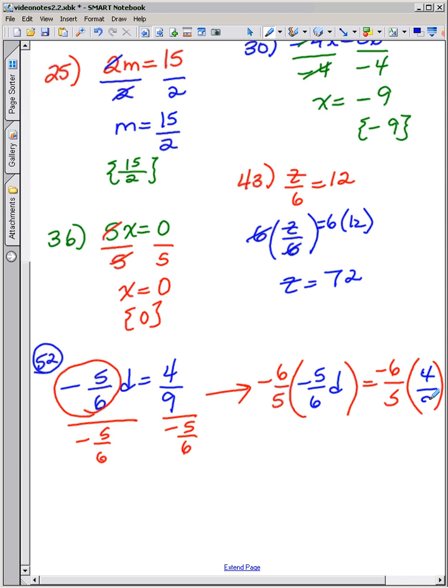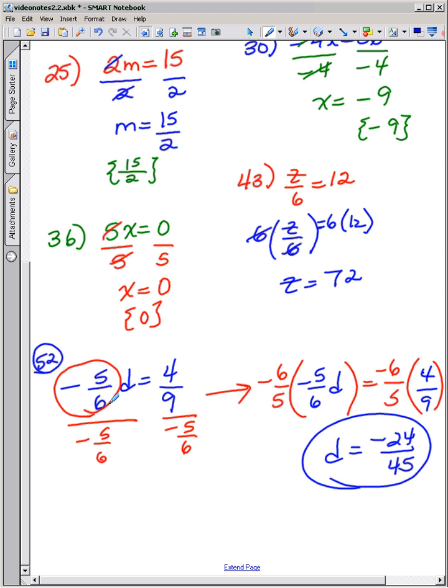It's negative 6 times negative 5. The negative times the negative is positive. 30 over 30 is 1. We said we really have 1d, or d is equal to, there's no common factors there, so negative 6 times 4 is negative 24 over 5 times 9, which is 45. So that is our answer.